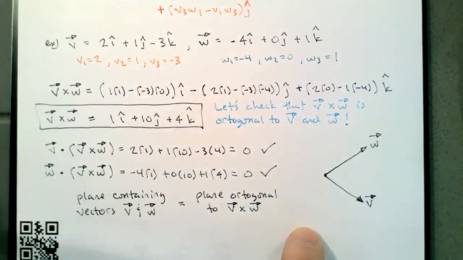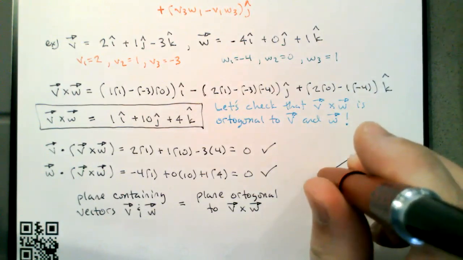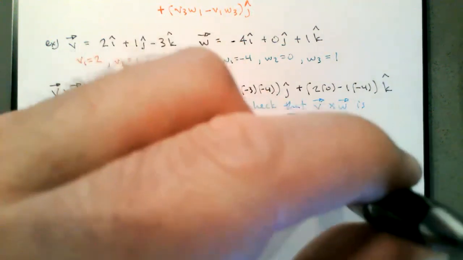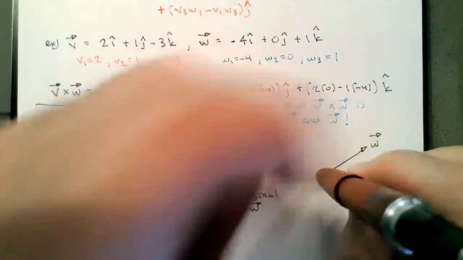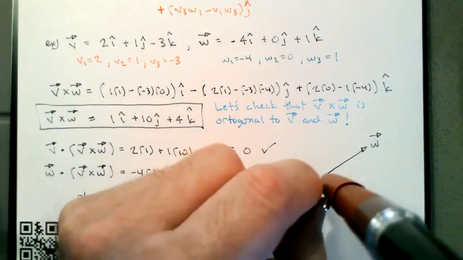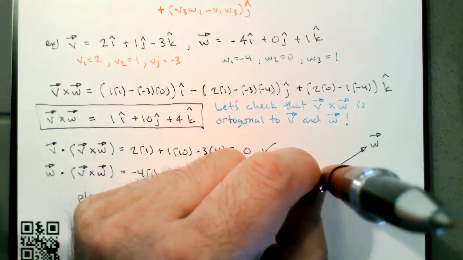Another way to describe this plane is to say, consider the plane that is perpendicular to this normal vector. So if I describe this one vector, I say, think of everything that's perpendicular to this vector. The plane is everything perpendicular to this vector.